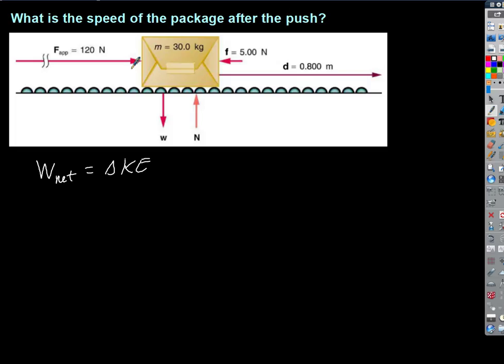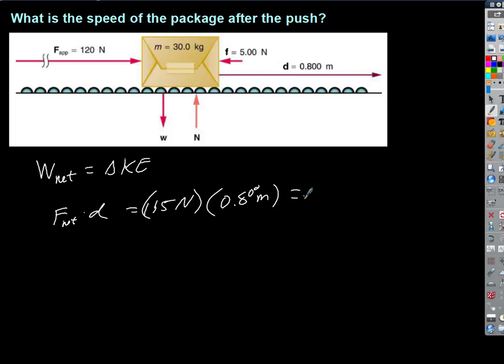So net work then would just equal net force times displacement, which is 115 newtons times 0.800 meters. That gives us how many joules?